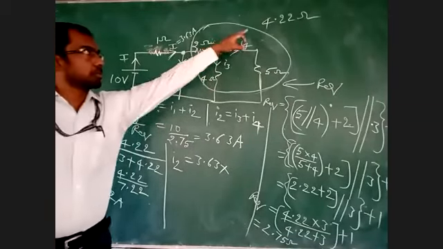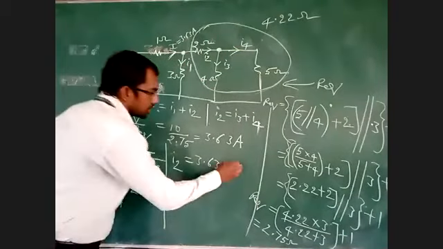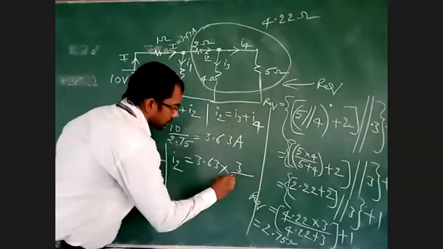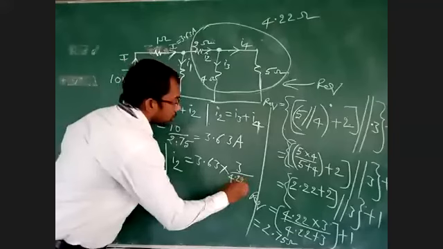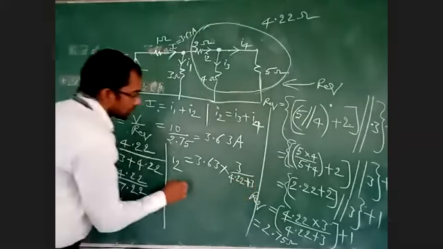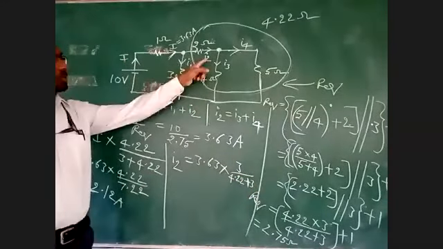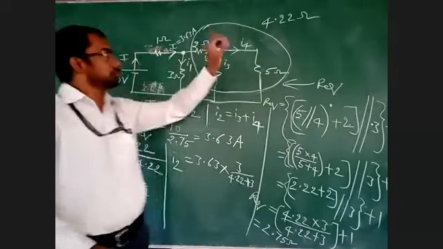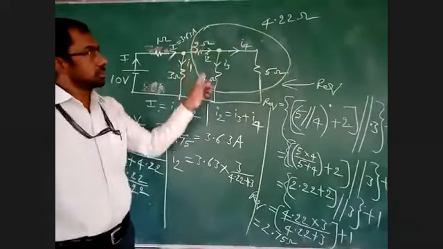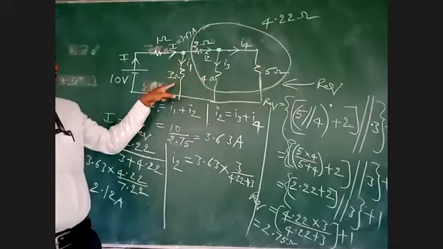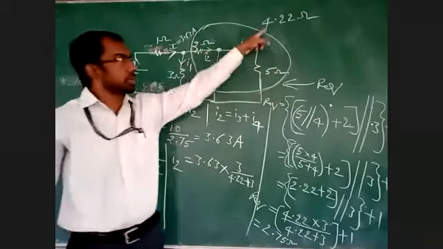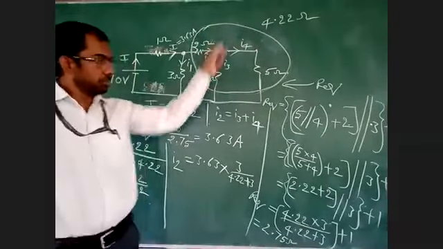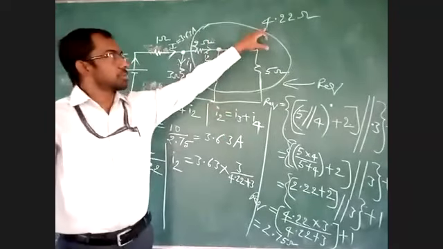I2 is flowing in 4.22, this entire branch, while your I1 is flowing only in the 3 ohms.